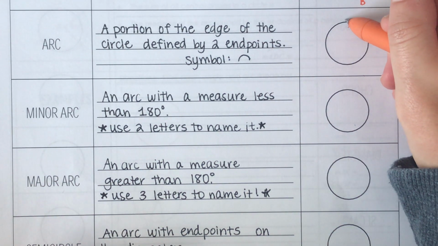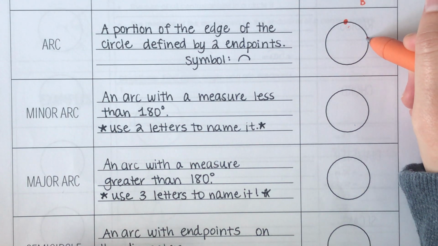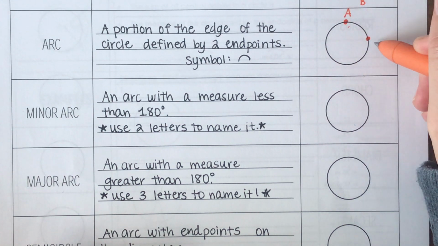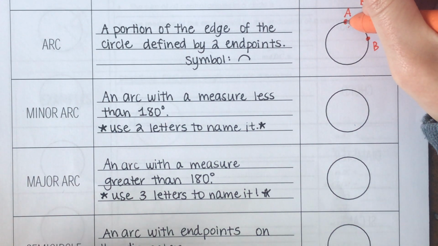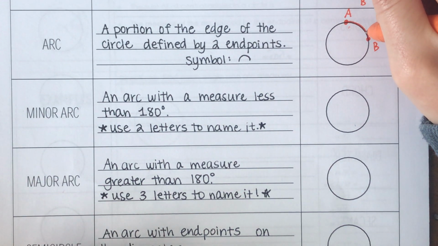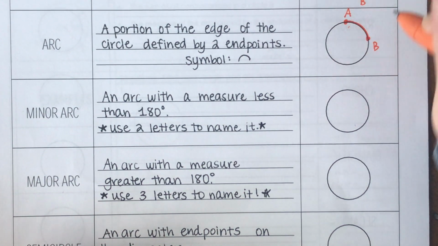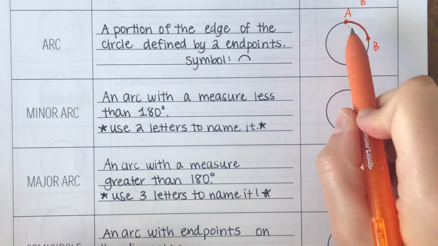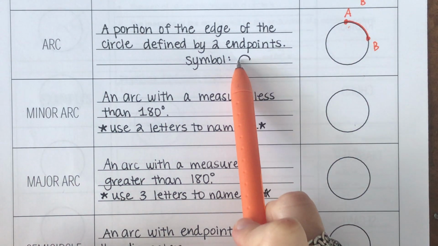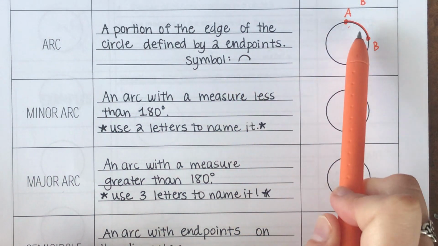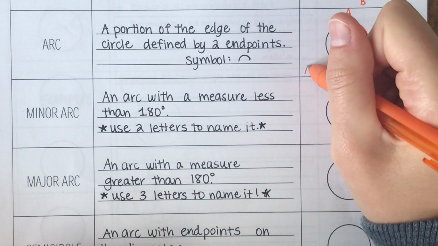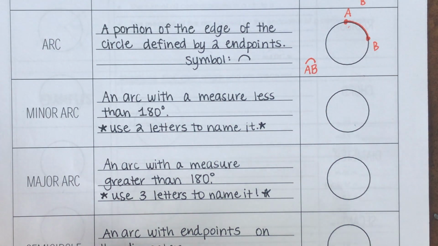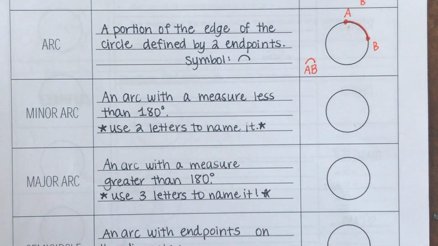For example, if I have my point A and my point B right here, the arc would be the line that connects A to B on the edge of the circle. It's a curved piece. So the symbol looks like this. I would call this arc AB, and I'd put a little arc on top of it to show that it's an arc.